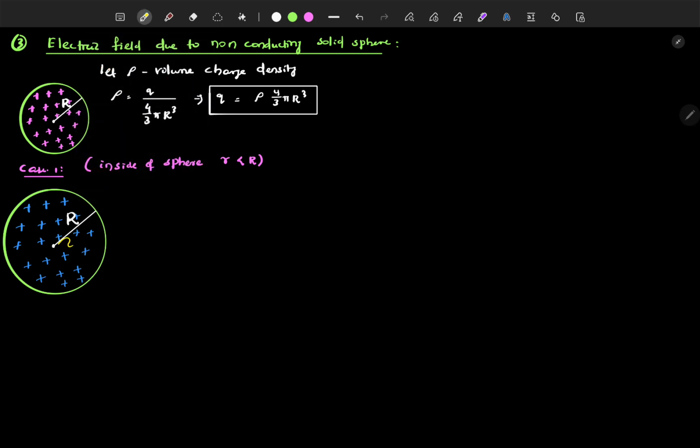So at a distance small r, let us think of a Gaussian sphere. This yellow color part represents your Gaussian sphere, and we have to find the value of electric field at a distance small r, where point P is.